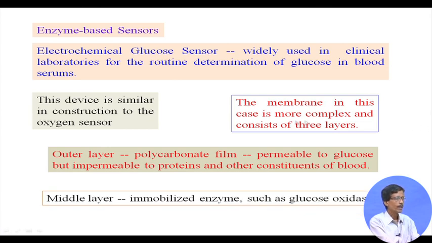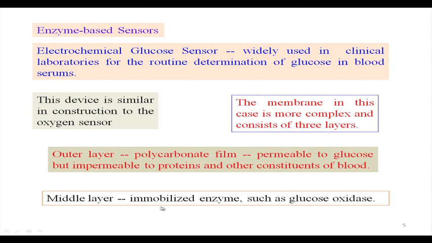So, for the outer layer, the polycarbonate film layer allows glucose to pass, and in the middle layer we trap the enzyme. The enzyme is immobilized because it is encased, it is trapped. That is why you write it as the immobilized enzyme.